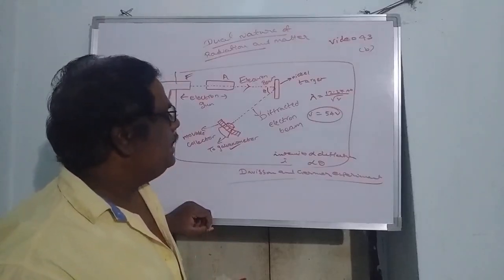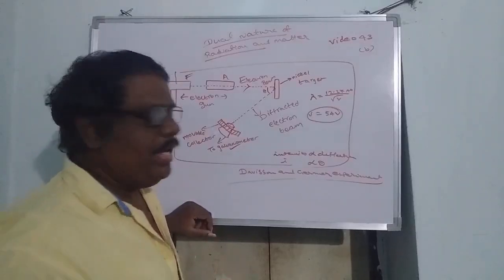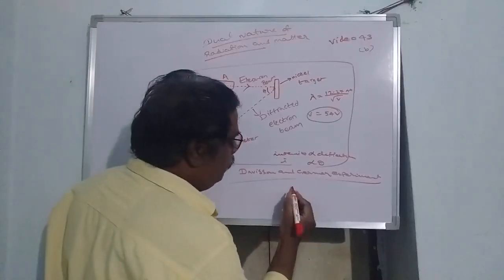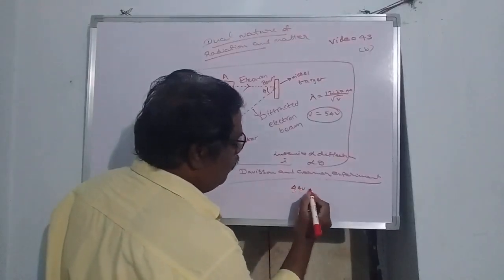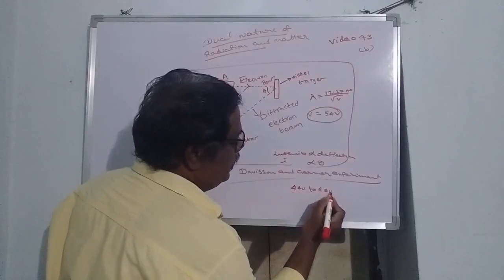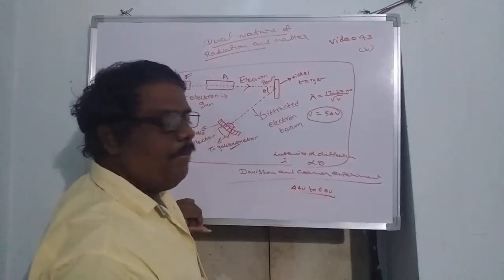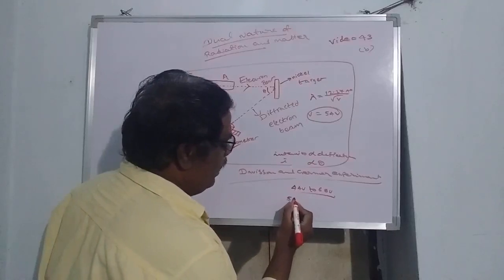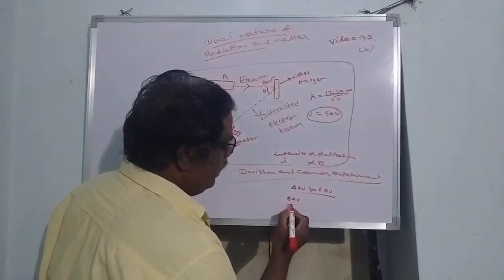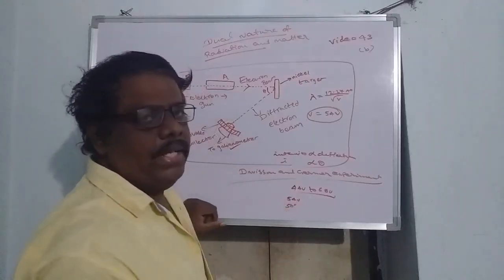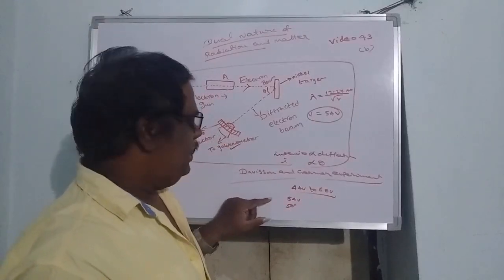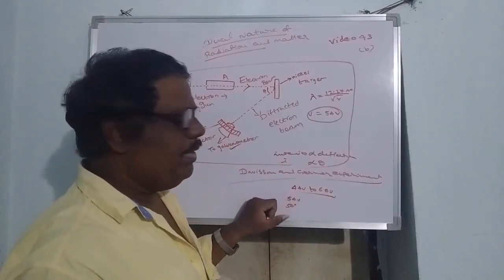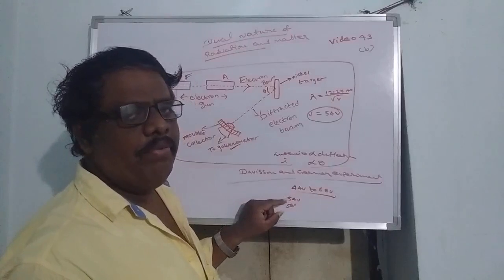Okay, so this experiment was conducted in the voltages between 44 volts to 68 volts, and they observed the intensity will be maximum at 54 volts at the angle of 50 degree. So they observed that intensity will be maximum at 54 volts.